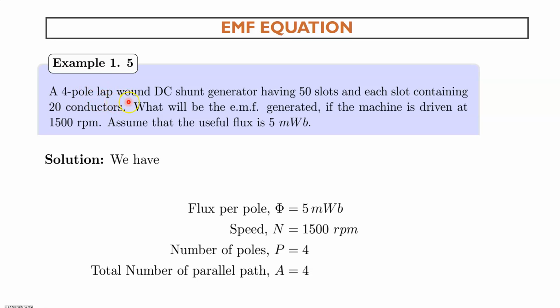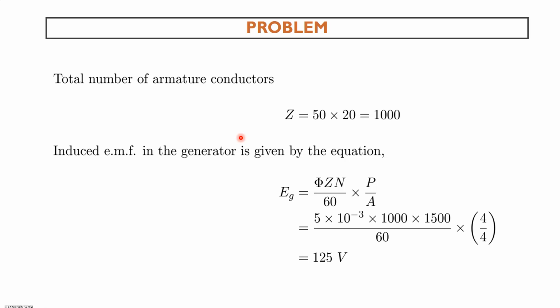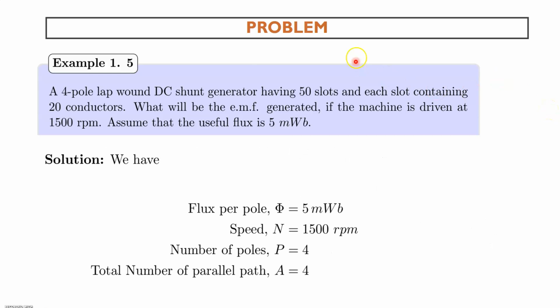So this is a lap wound machine. As I have already told you, for a lap wound machine, A will be equal to P. Here P is equal to 4, so A is equal to 4. Now substitute these values. The total number of armature conductors is equal to 50 into 20, because there are 50 slots and each slot contains 20 conductors.